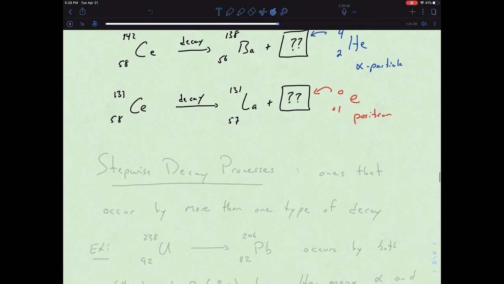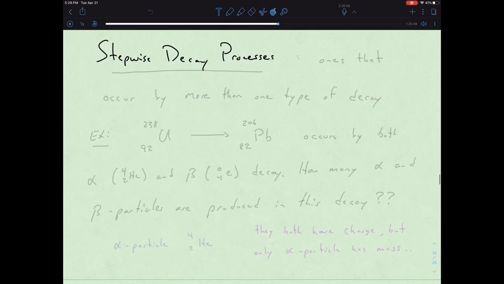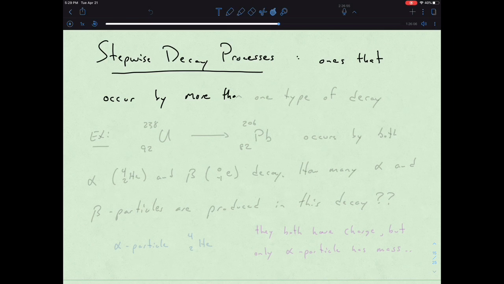There's also stepwise decay processes. And these are ones that occur by more than one type of decay process.